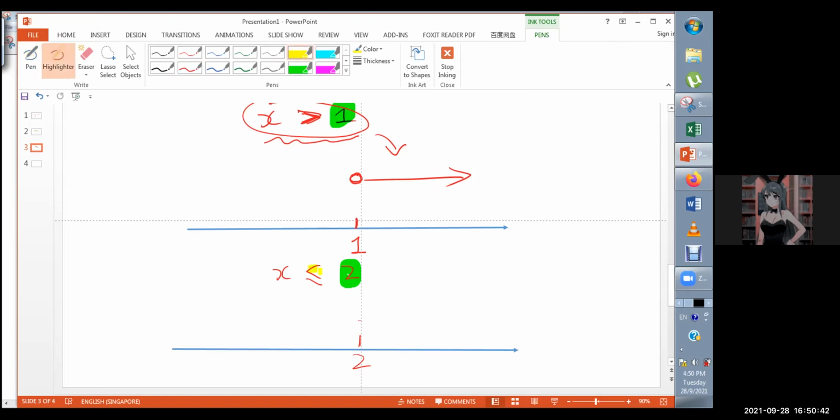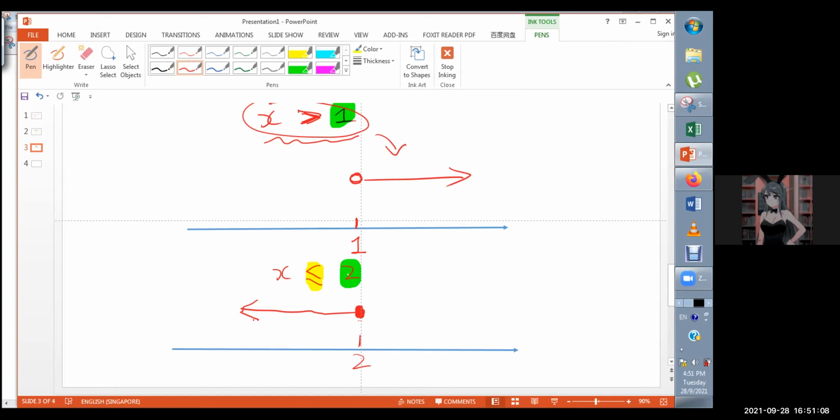This is smaller and equal. So when it's smaller and equal, that means it's equal as well. So you need to put a solid circle. And since it's smaller than 2, it points to the left. Okay?